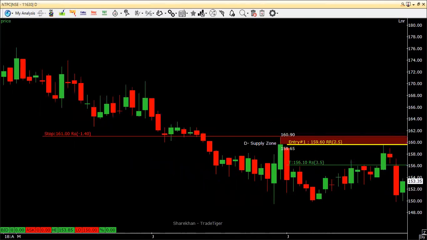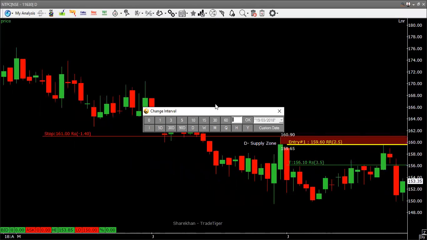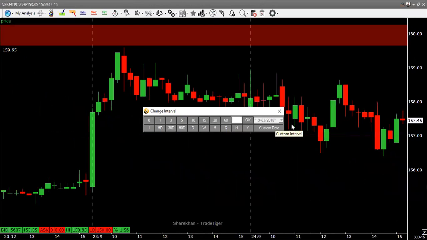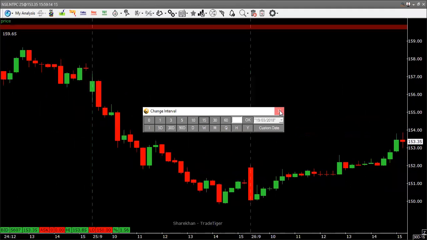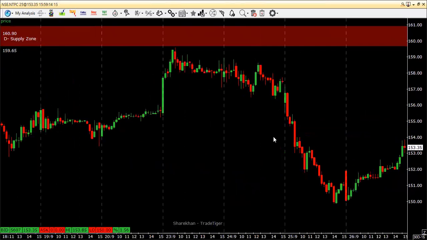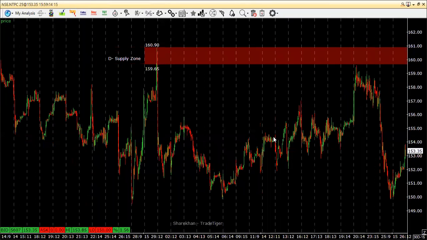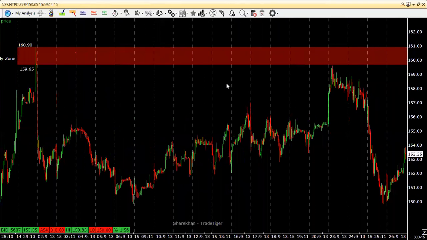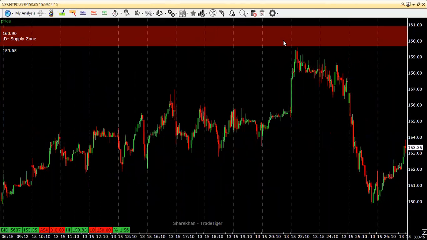So to see this with more clarity, we can even go down to a lower time frame to see exactly how this trade had panned out. So let me just move to a 15-minute time frame. So this is where I got my entry.